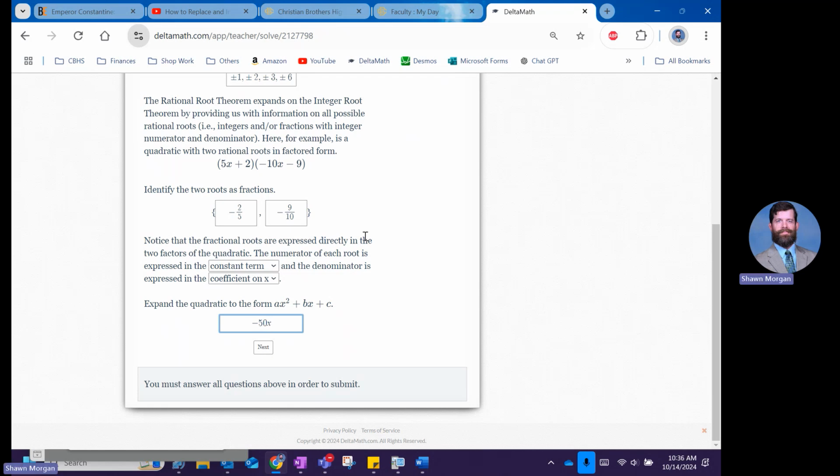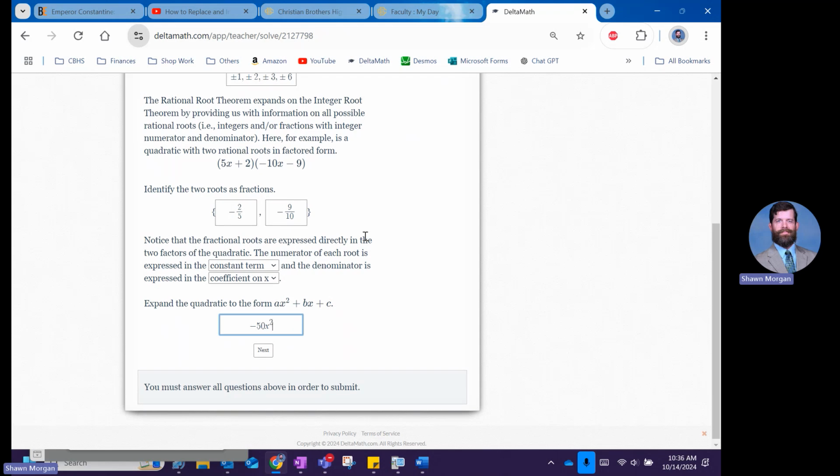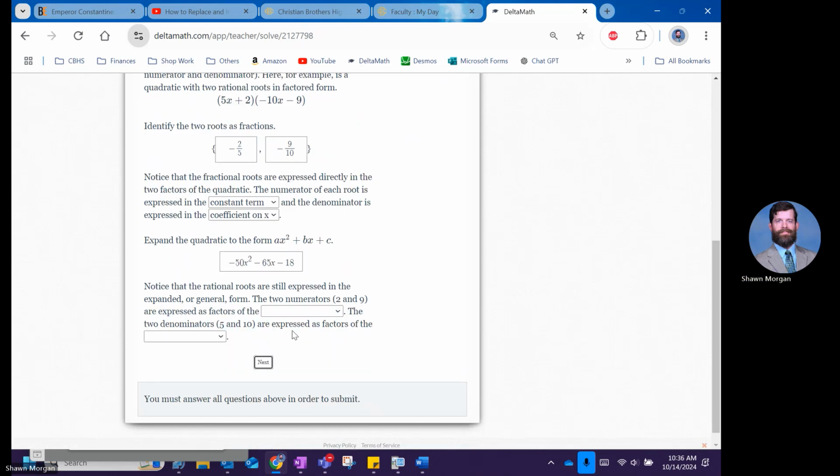My caps lock on? Yeah, my caps lock was on. Squared. What's 9 times 5? 45 and 20, so negative 65x minus 18. Numbers 2 and 9 are factors of the constant. 5 and 10 are factors of the leading coefficient.